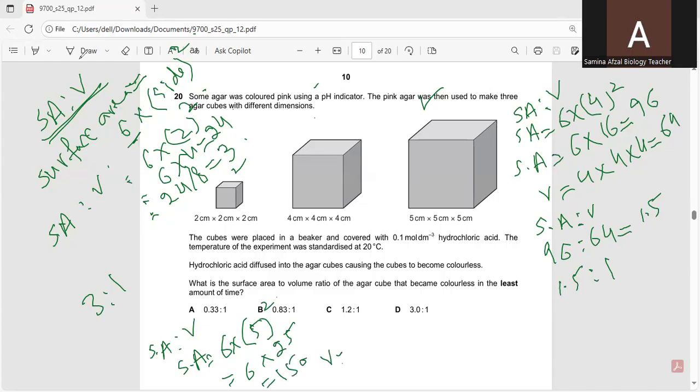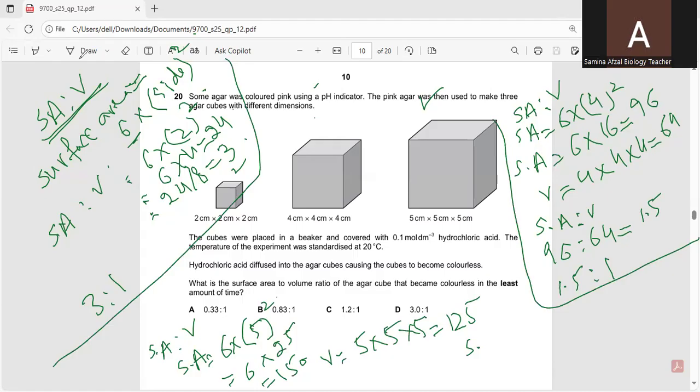And then volume will be 5 into 5 into 5, which is equal to 125. So SA to V is 150 is to 125. So it will be 1.2, that is, 1.2 is to 1.